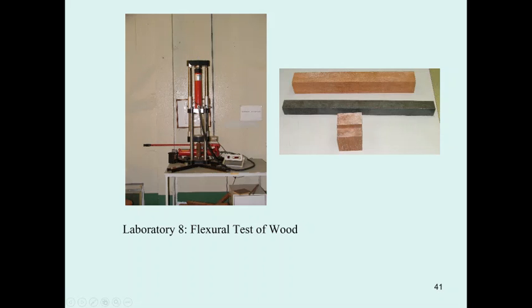The frame over here will move when this one moves, and this portion of the machine is going to be fixed to the foundation of the machine. So when this one moves, this portion is going to be in compression, and if you put a beam between this, the beam is going to be in flexure. The load will show here. And if you would like to measure the displacement of this portion, just put a dial gauge between the foundation and this portion.